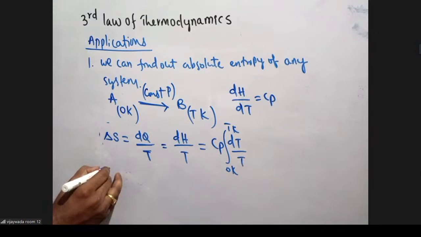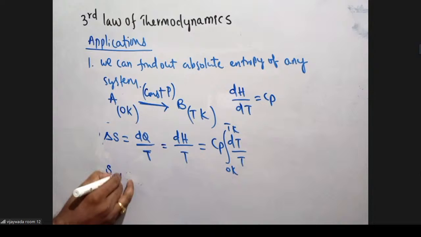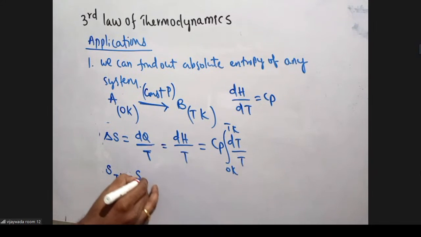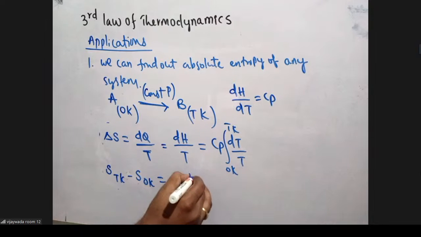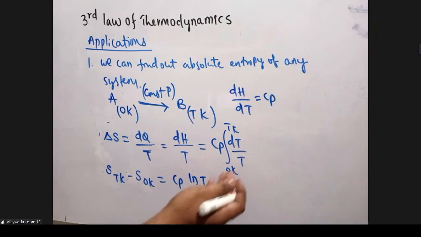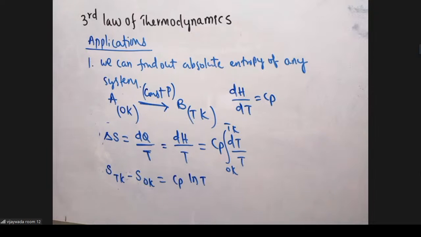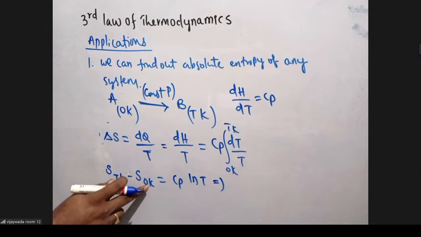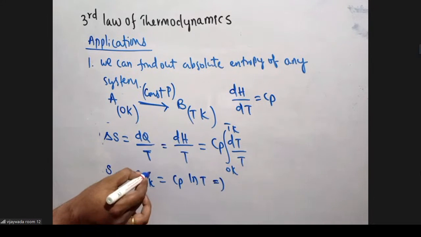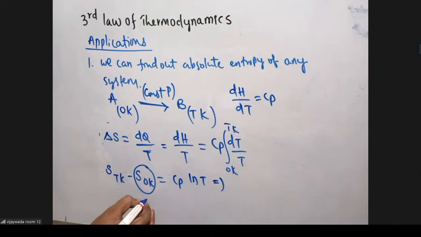So students, here it is: entropy at T Kelvin minus entropy at 0 Kelvin, Cp, we can write as ln T minus ln 0, which is 0. Entropy at 0 Kelvin for any crystalline solid is 0. If it is 0, directly you can find entropy at T Kelvin with the help of this equation.